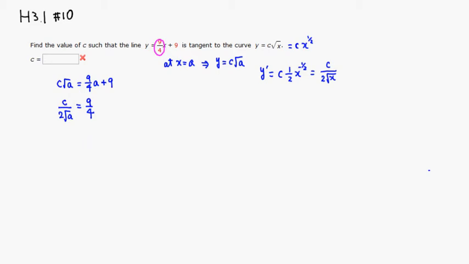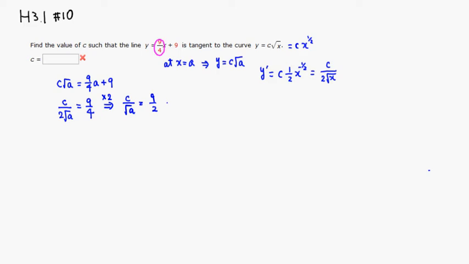So first I'm going to multiply both sides by 2. That way you're going to have c over square root of a is equal to 9/4 times 2, which is 9/2.